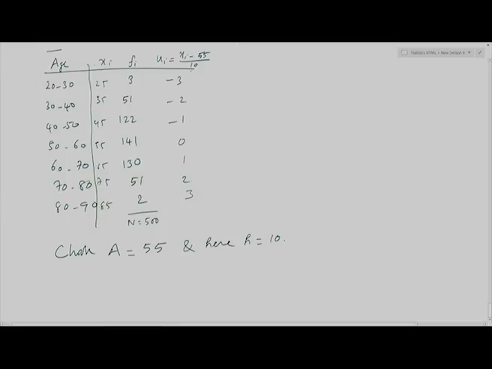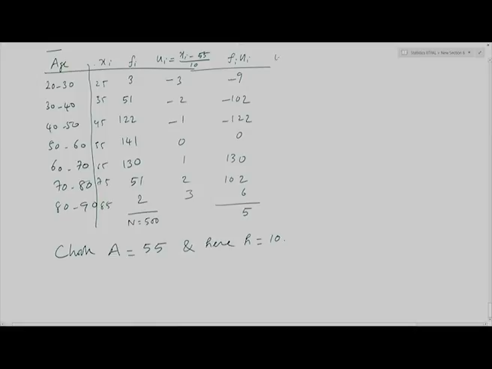For this, let us compute fi ui, which turns out to be minus 9, minus 102, minus 122, 0, 130, 102, 6, and the sum is easy to find, which is equal to 5 here.